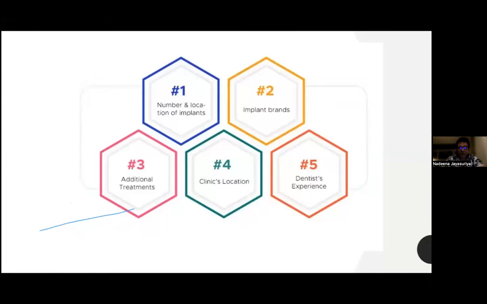A patient will come to me and ask, why is the dental implant expensive? Now, when you talk about dental implant cost, in the dental faculty we provide dental implants for patients for 80,000 rupees. That includes the cost of the dental implant and other material.